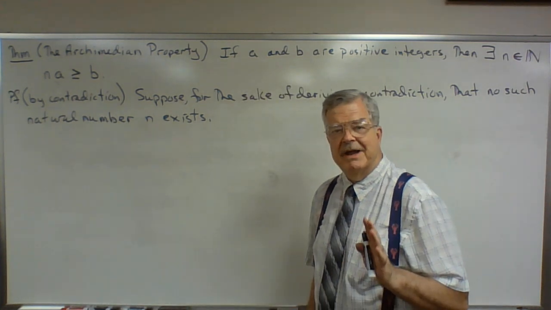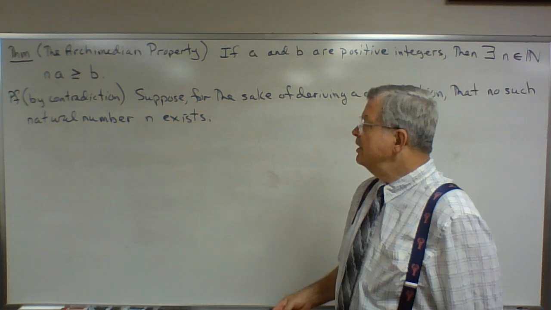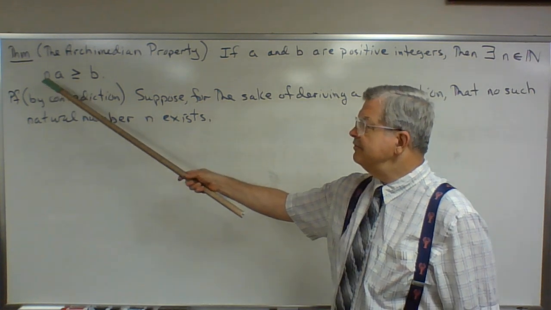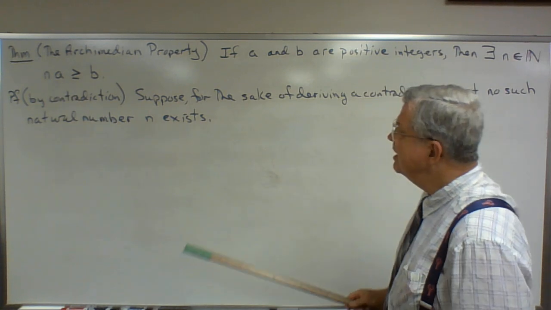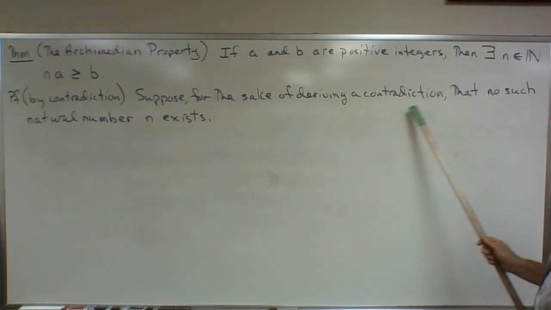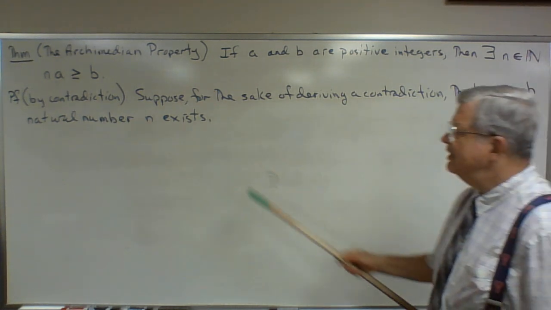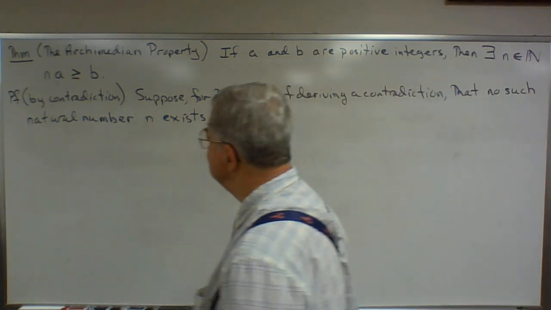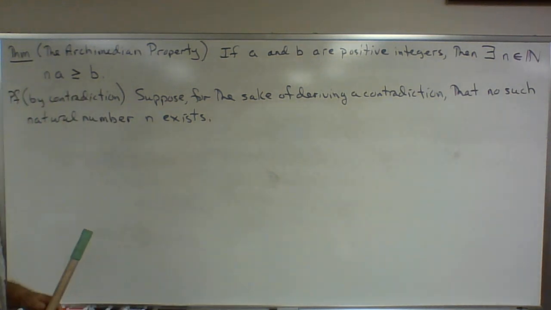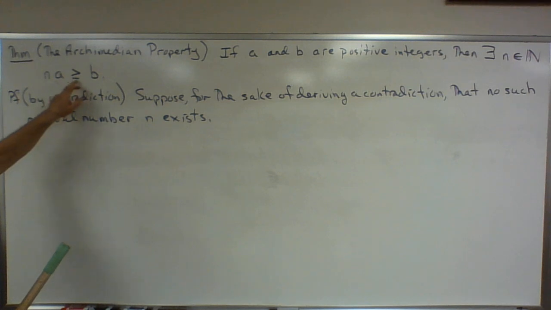So to do this proof by contradiction, we're going to assume that there is no such natural number n that makes this happen. So for the sake of deriving a contradiction, we suppose that no such natural number n exists. There's no natural number that we can multiply a by so that we get something that's greater than or equal to b.